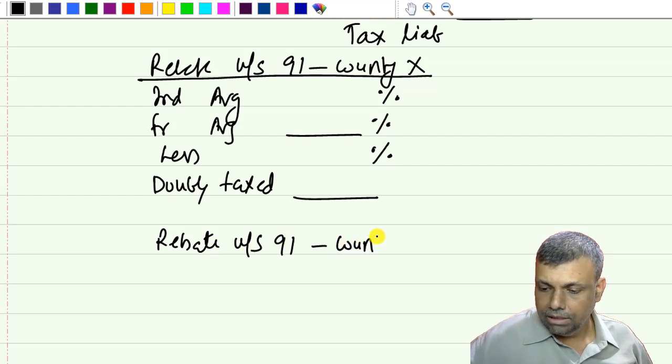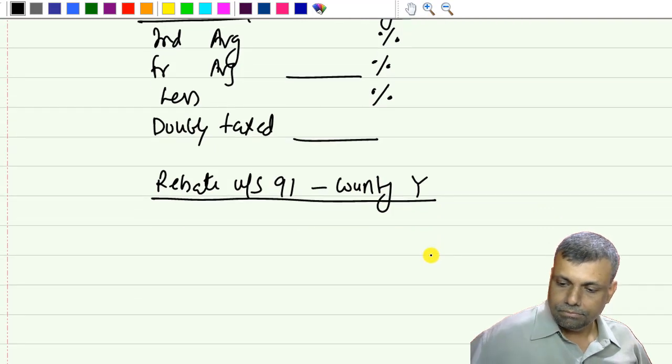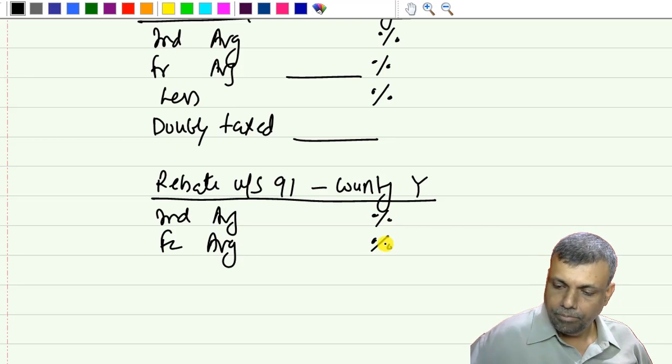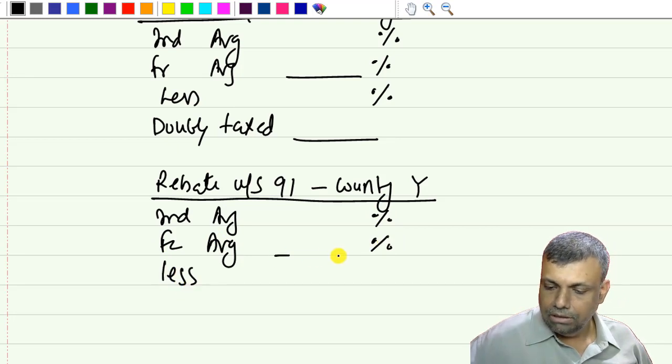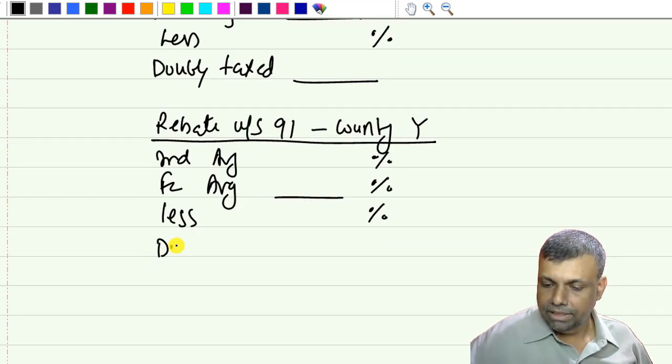So rebate under section 91, country Y, and in the same style, Indian average, foreign average. Okay, whichever is lower, these will all be percentages.